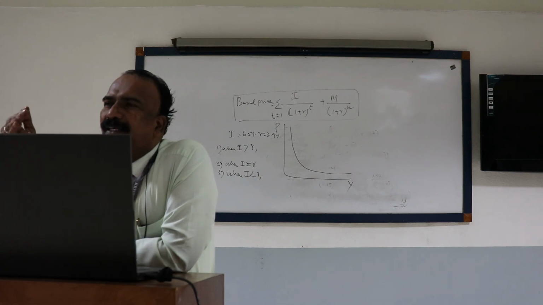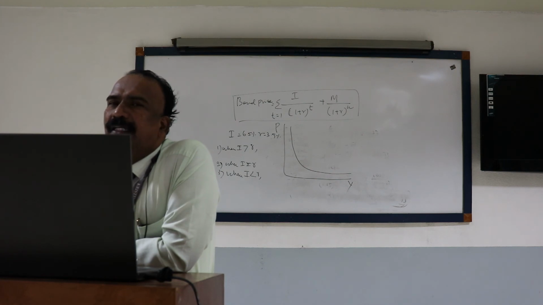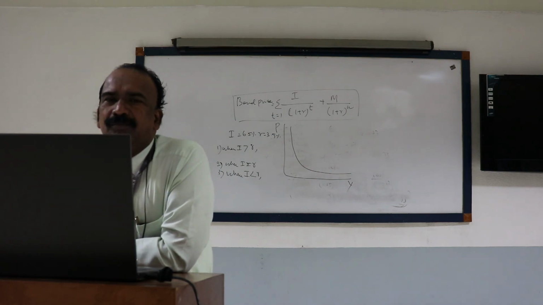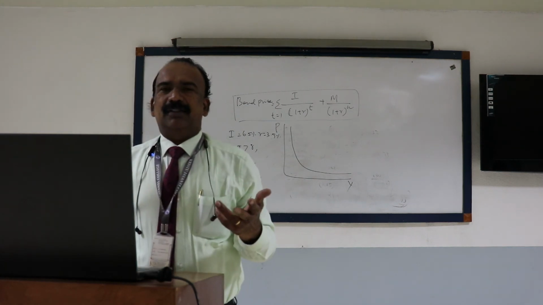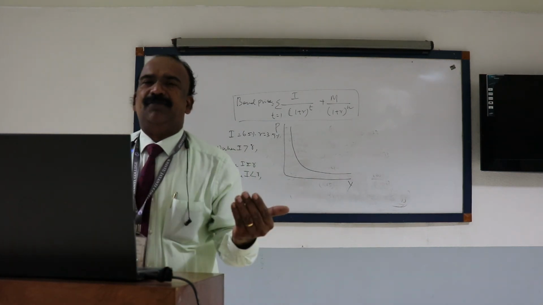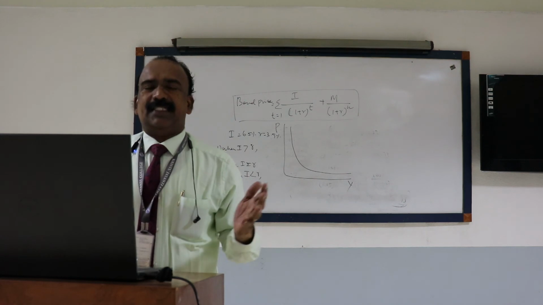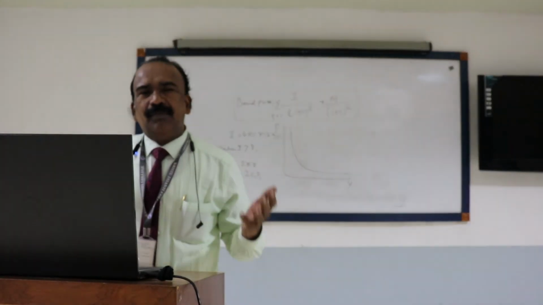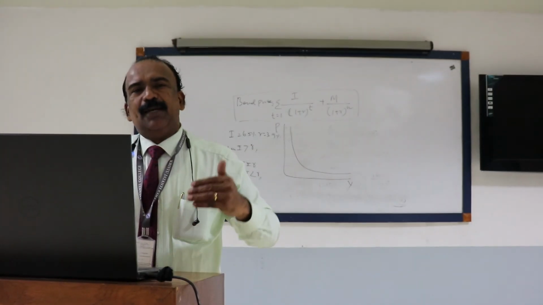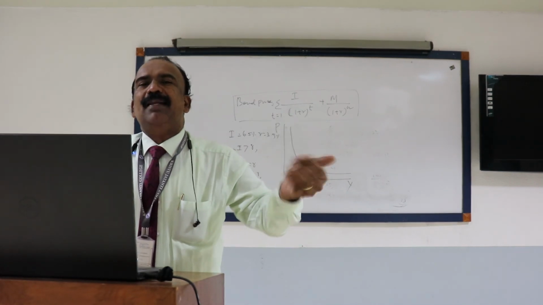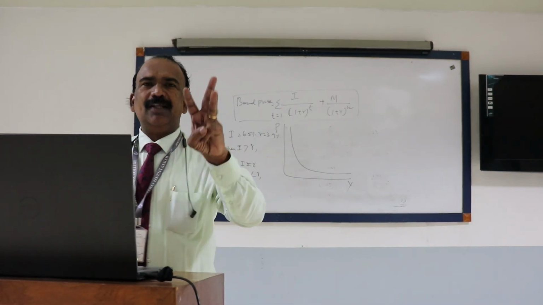You should not say the value of the bond and all that. The value of the bond depends on the required rate of return, not the other way around. The required rate of return changes. It can be equivalent to the coupon rate, or more than the coupon rate, or less than the coupon rate. There are three situations.